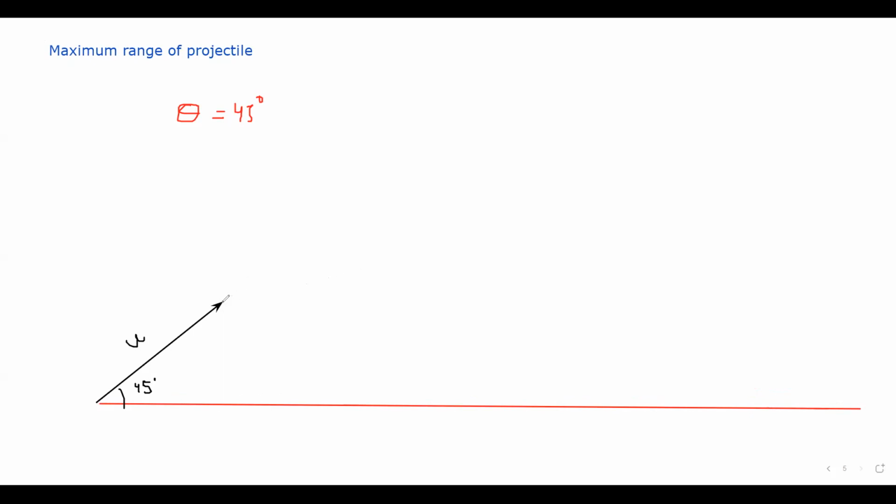It will be a parabolic path. The vertical velocity decreases, and eventually it reaches a zero value at maximum height, and then starts to increase, and it will reach the ground.